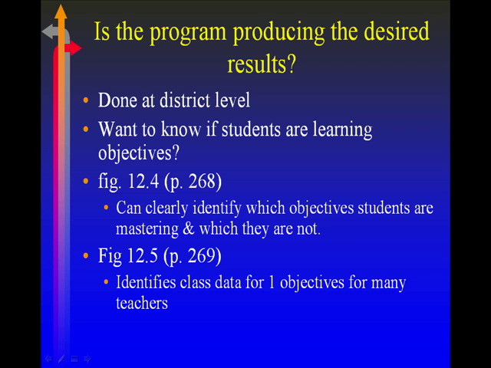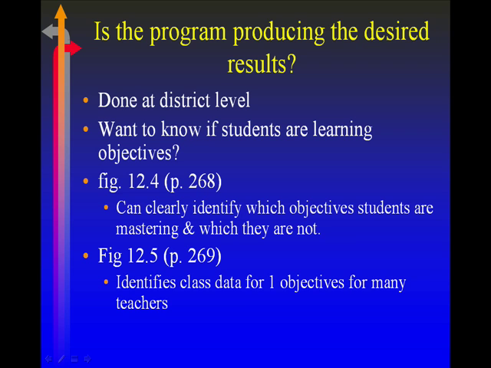If you look on page 268 of your book, you'll see that figure 12.4 is the ABC school district's physical education evaluation report. This is the average percentage mastery by grade and program objective.